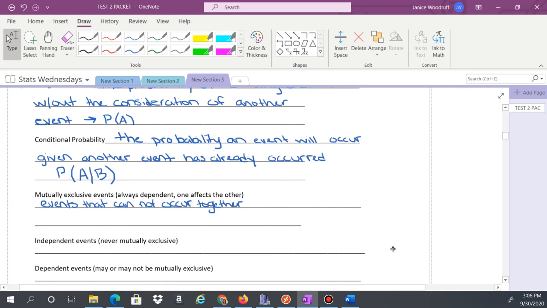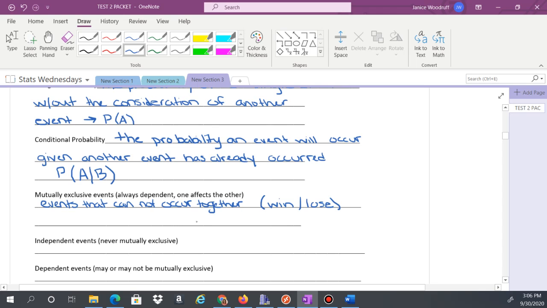If they are mutually exclusive, then they cannot occur together. Like, can you win and lose a game at the same time? No, you can't. Since they cannot occur together, winning and losing is mutually exclusive. Or can you get heads and tails at the same time on a single flip of a coin? No, you cannot. So they are mutually exclusive.